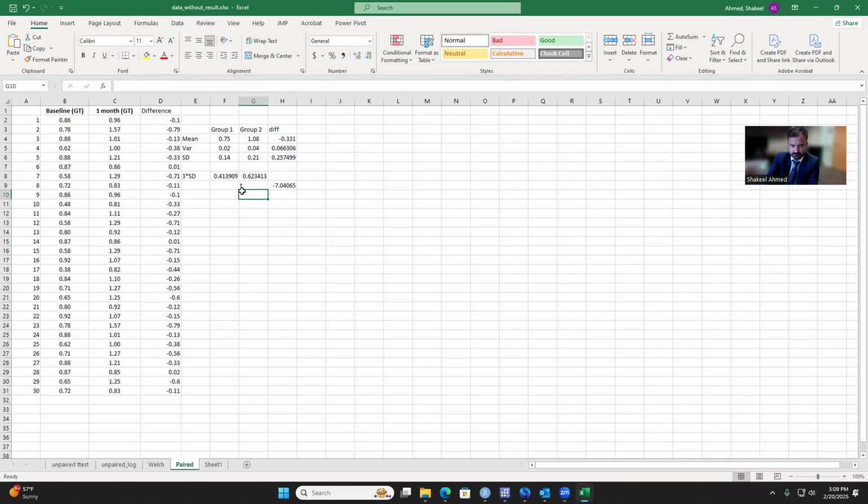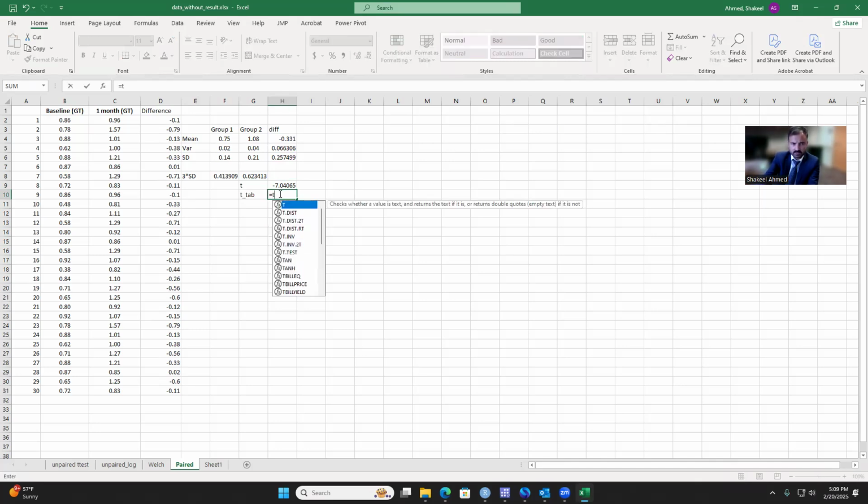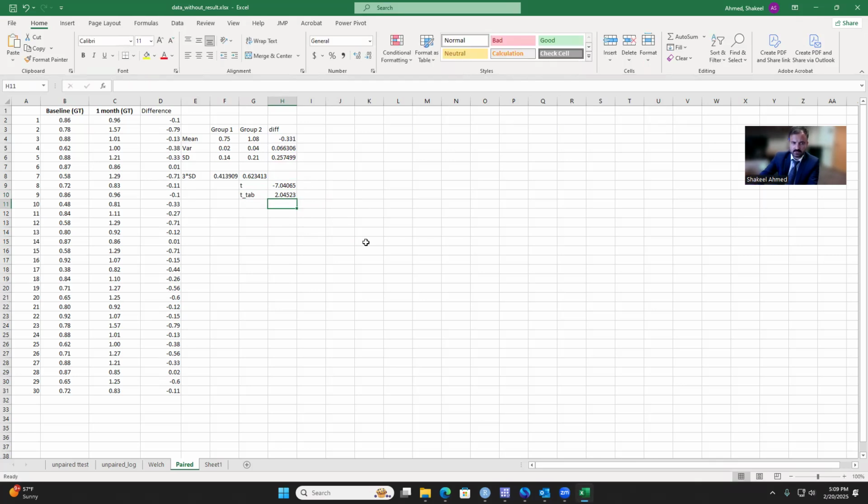You can find the tabulated value of the test statistic using the T-distribution command, the T-distribution inverse value. That is for two tails. So what is the probability? That is the level of significance we want to specify, and the degree of freedom, that is n minus 1, 29 in this case.